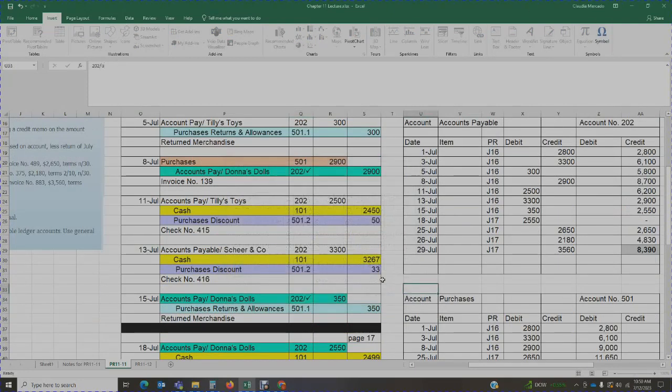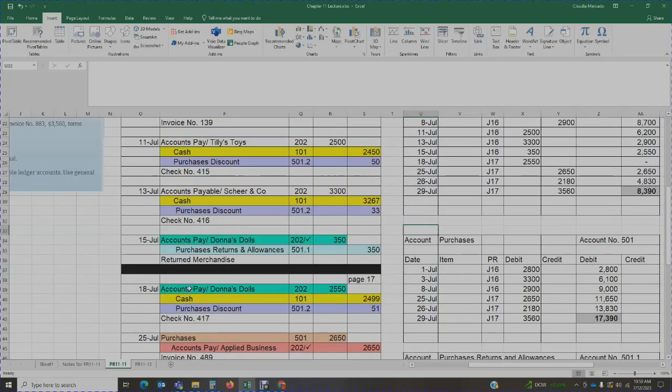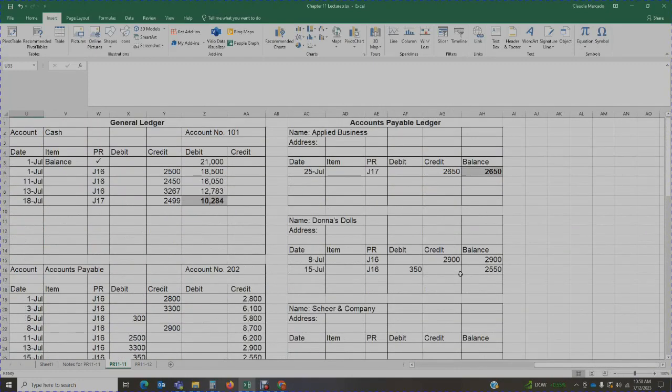Okay. And then last but not least, I've got on the 18th an entry of 2,550 debit on July the 18th. So all I'm doing is transferring the information by customer. Only anything that deals with accounts payable.